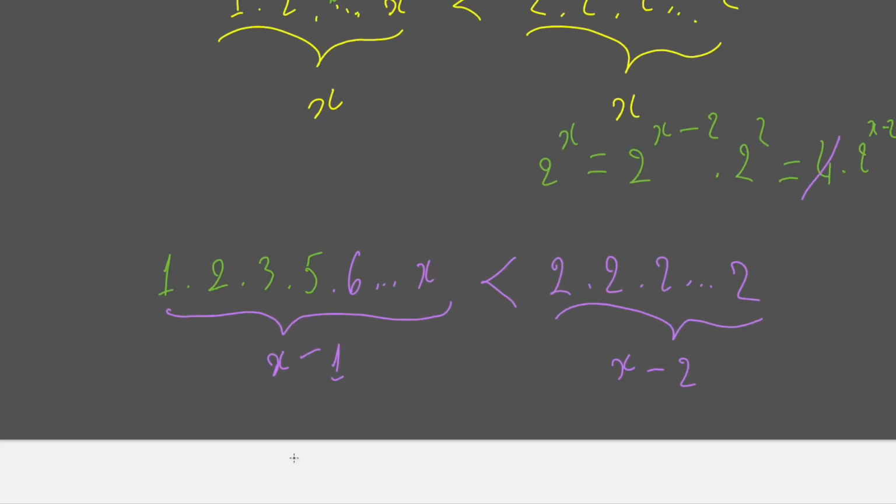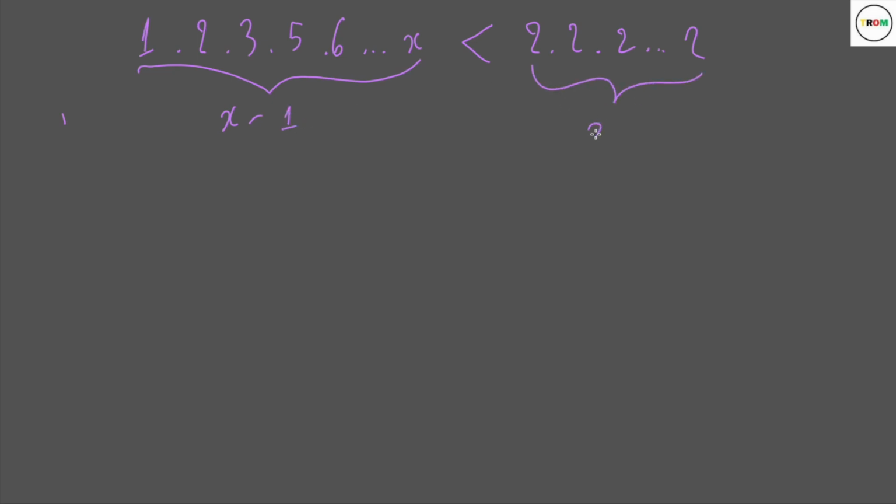Let me rewrite. So on the left hand side I see x minus 1, and on the right hand side I see x minus 2. But you can notice that the first factor here is 1, so it doesn't matter if we remove it or keep it, so we just remove it.